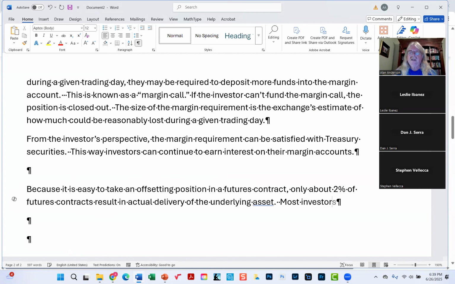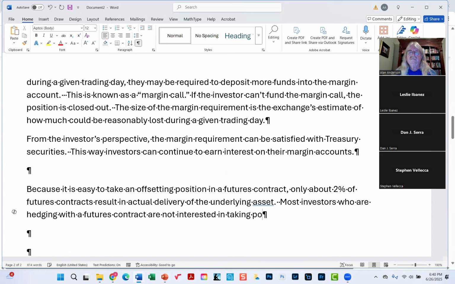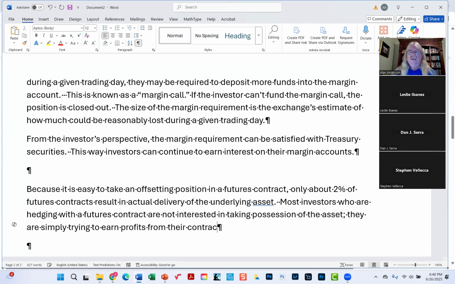Most investors who are hedging with a futures contract are not interested in taking actual possession of the asset. They are simply hedging, trying to earn profits from their contract if they lose money in the spot market.